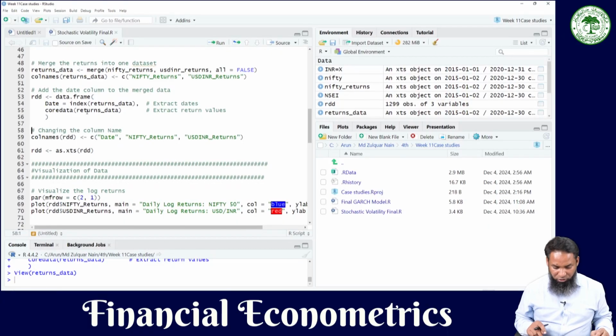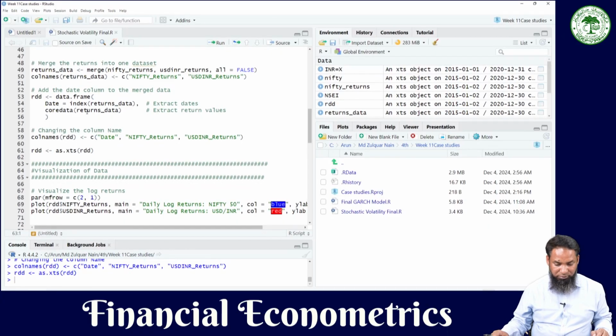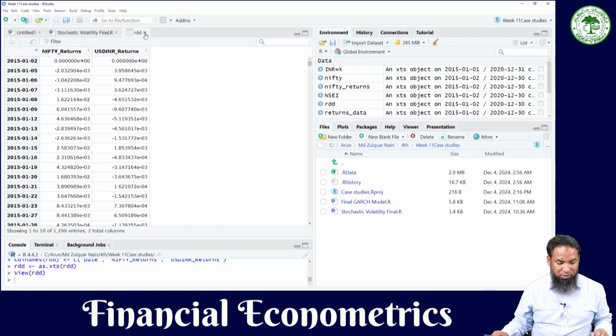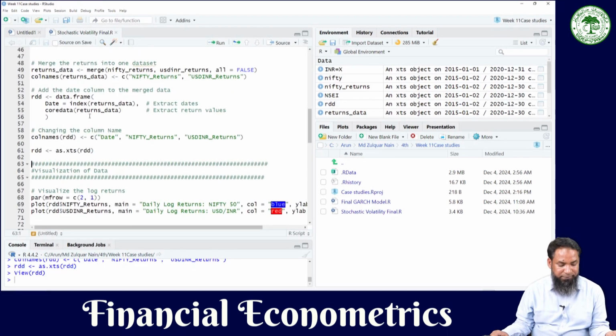So the changing column names here. If you see here, we have date columns.